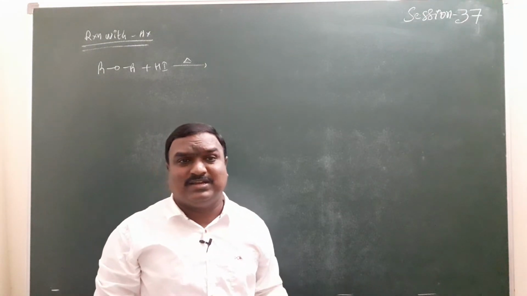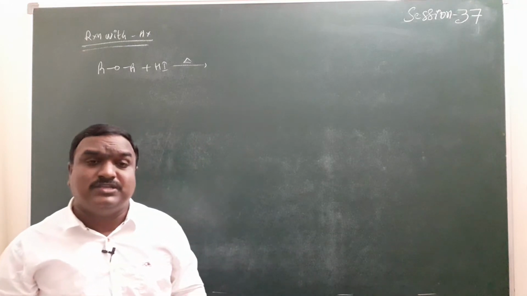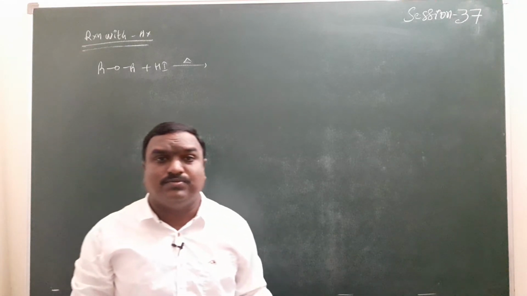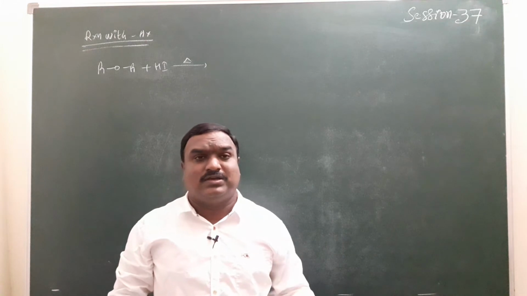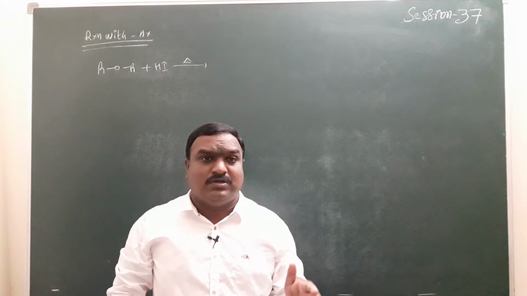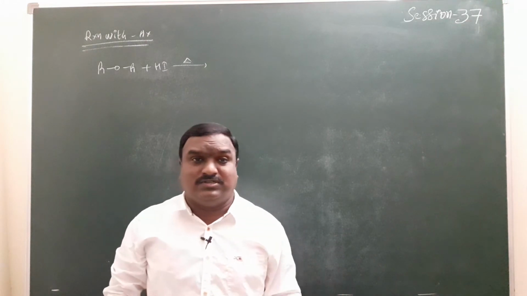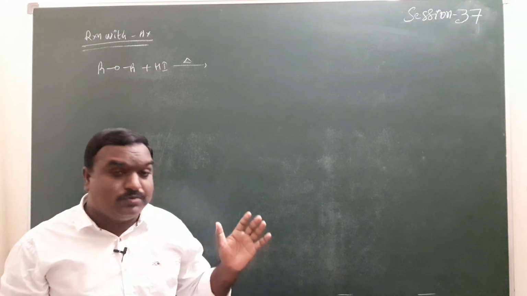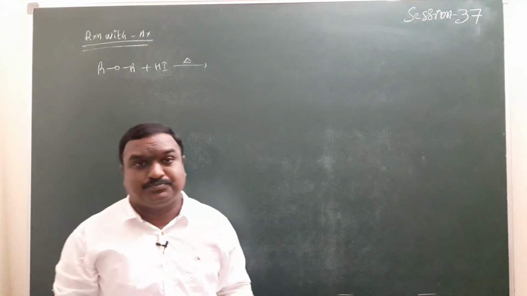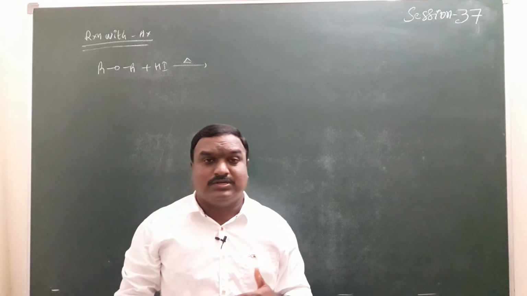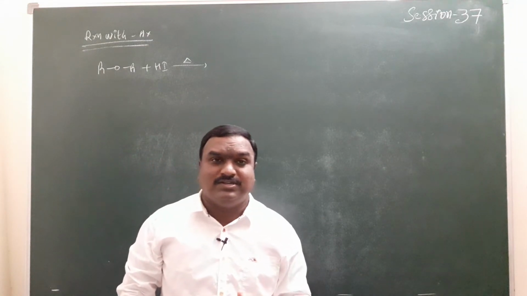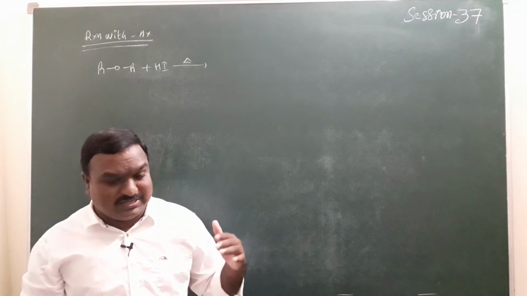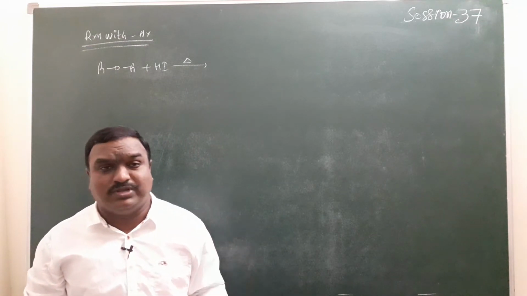Whenever the carbon is primary or secondary, it is an SN2 reaction, bimolecular nucleophilic substitution. If the carbon connected with oxygen has tertiary nature, it undergoes unimolecular nucleophilic substitution, SN1. Because you already know what conditions are suitable for SN1 and SN2 reactions.